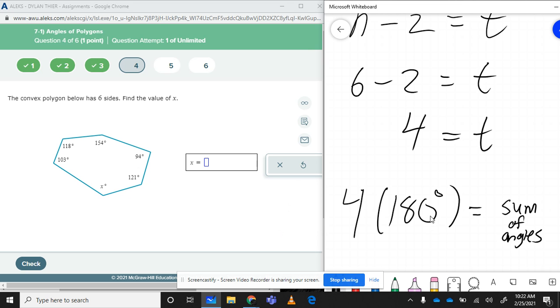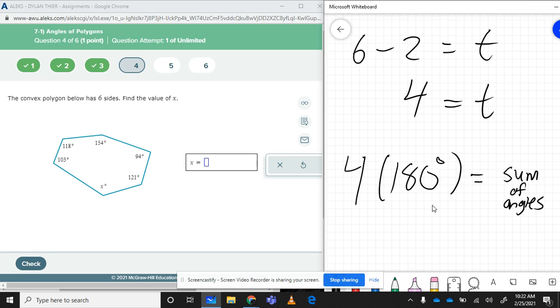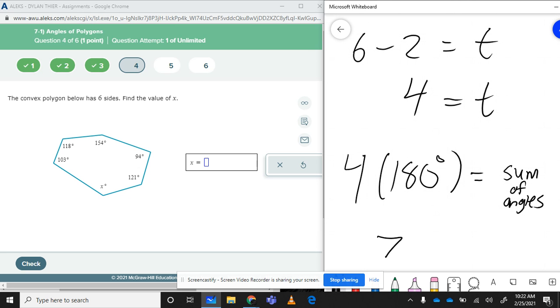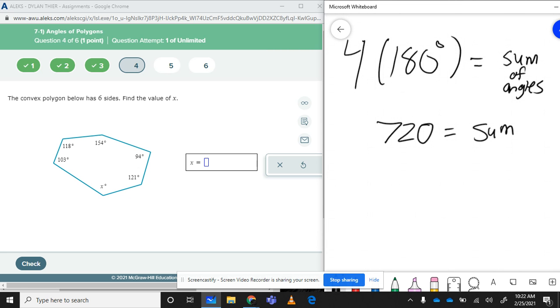Which would be, what would that be? 4 times 200 would be 800, and we're going to take away 420. So 720 degrees, I think, is what I'm looking for. Okay, so 720 is what I should get if I add up all the angles, which means that if I take 720 and take away these 5 angles, that should leave me with my answer.